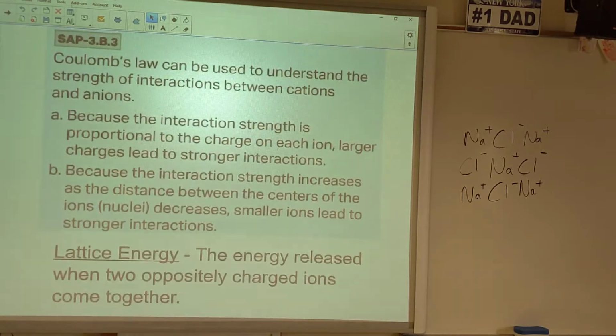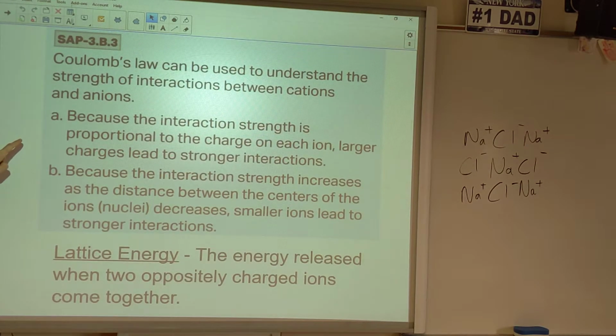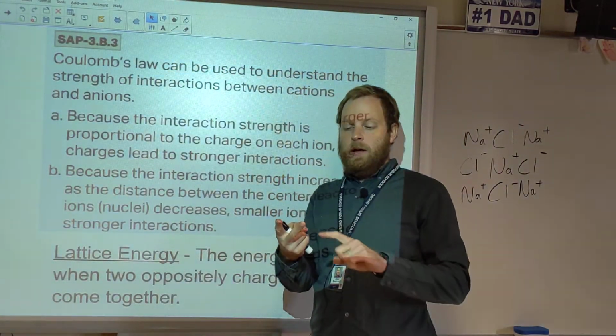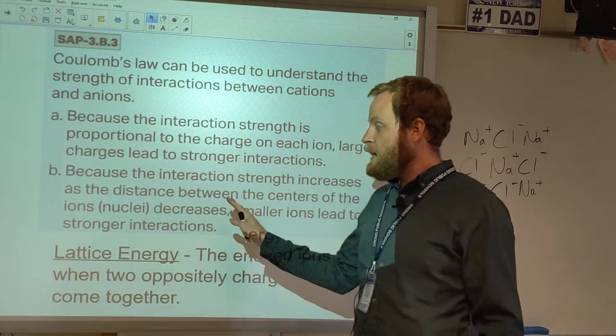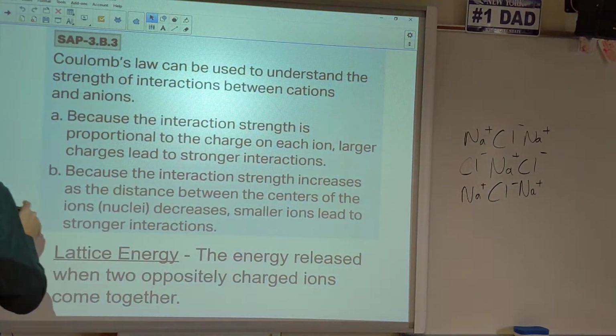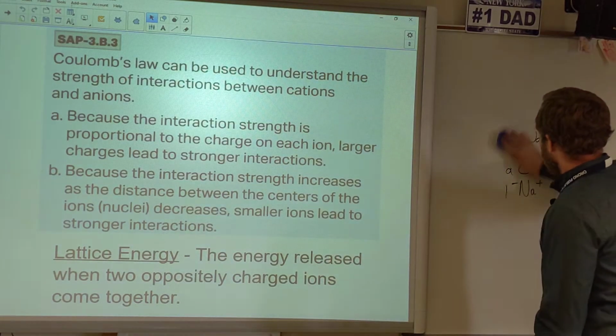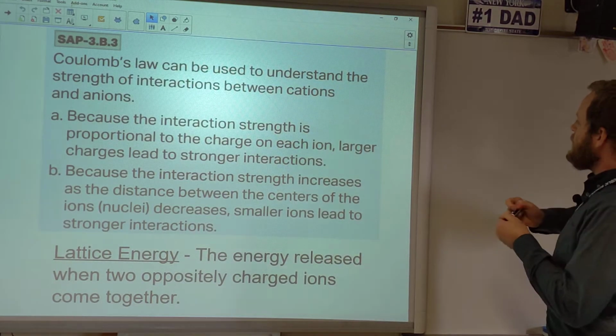This is very, very similar to what we did in Unit 1 with figuring out periodic trends. We're going to use Coulomb's law again. And basically, the stronger the attractive force, so remember that's effective nuclear charge and the size of the atom. The same thing applies here, except instead of effective nuclear charge, we're just going to literally use the charge of the atom. So sodium is +1.